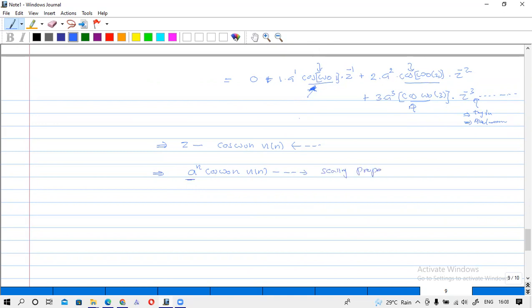Okay, so once I get the answer from scaling property, then I can try to find the solution for n a^n cos omega naught n u[n]. Already I have, if I am successful here, the answer for this one. So it is multiplied by n.